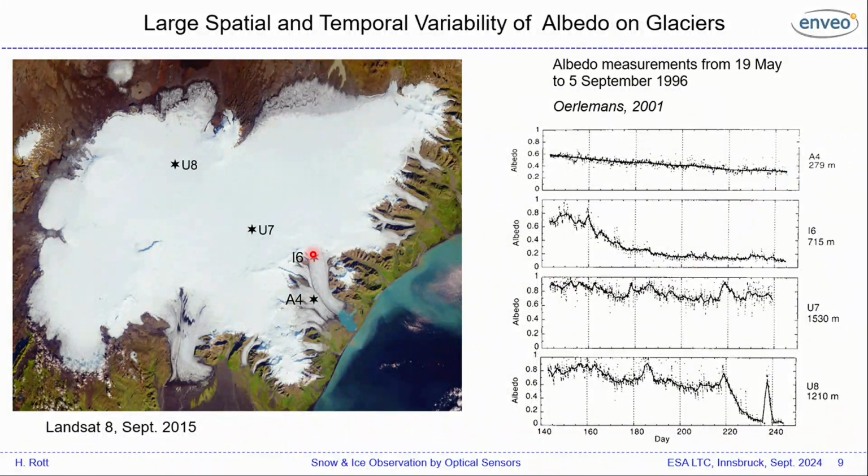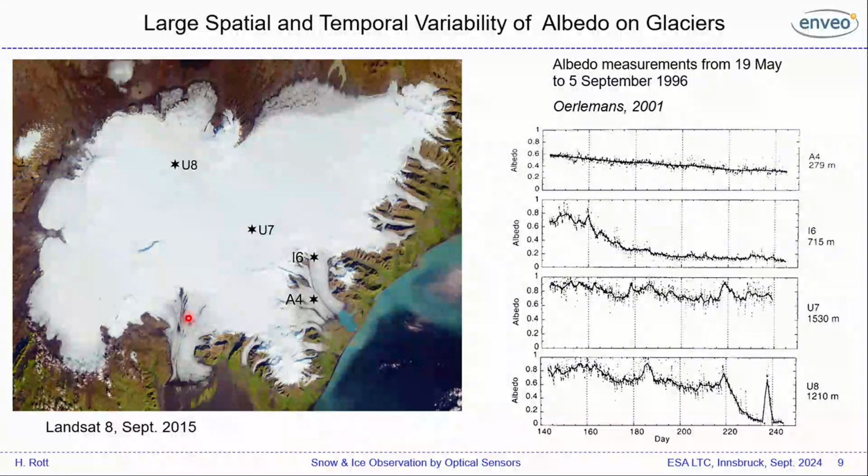Then we go a little bit higher up on Breiðamerkurfjall, and there we see a high albedo till early June, and then it drops. And it drops to values of 0.1, 10% reflectivity.